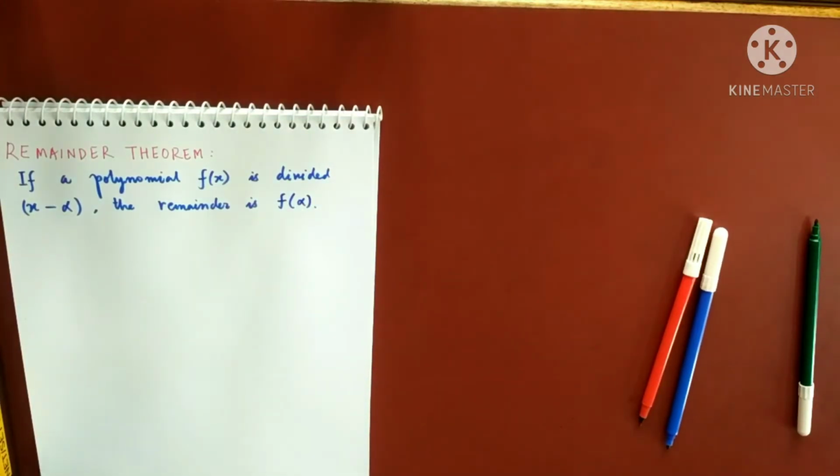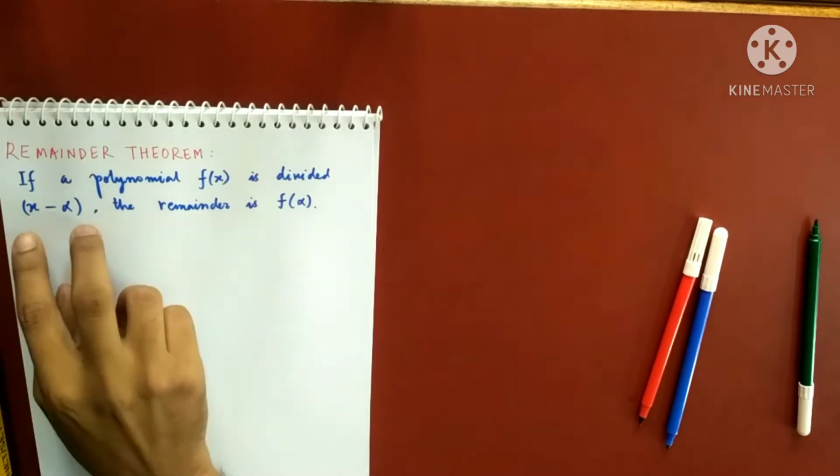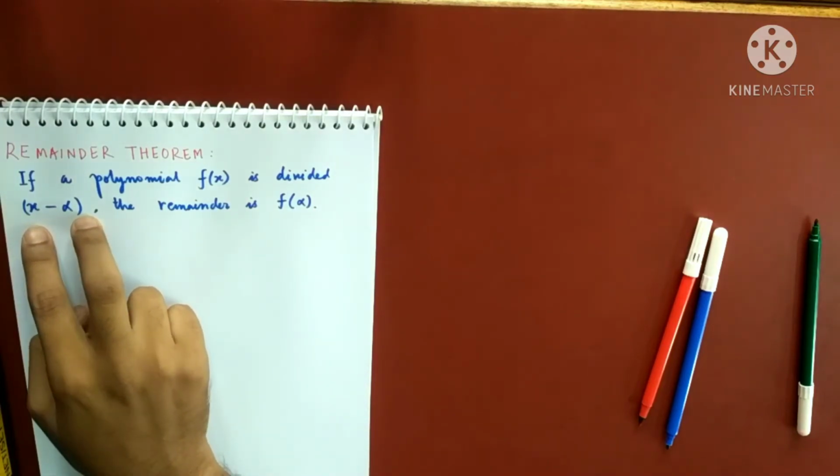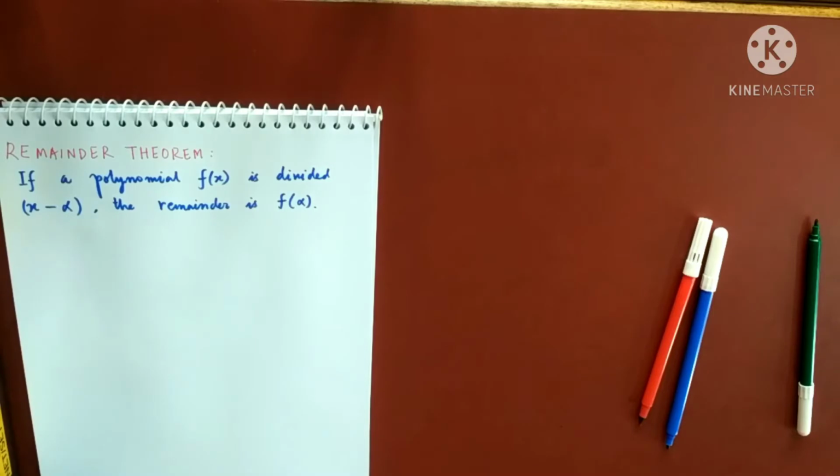Firstly, this remainder theorem is true for linear divisors. When I am dividing by a quadratic polynomial or any other polynomial, the remainder theorem does not guarantee that the remainder will be given by this.